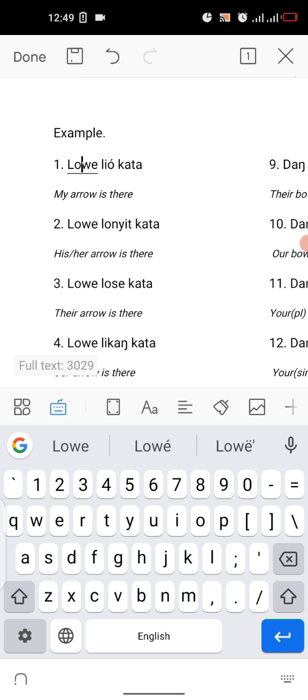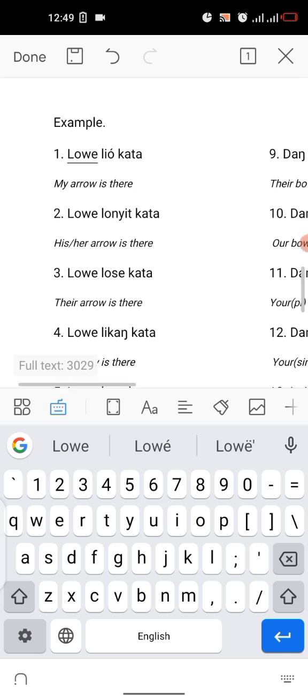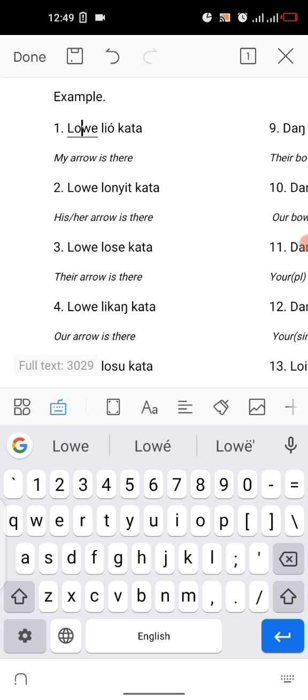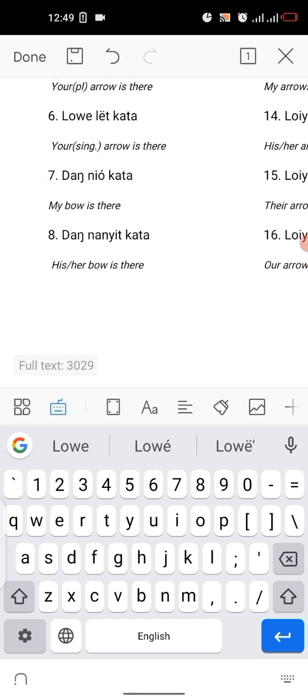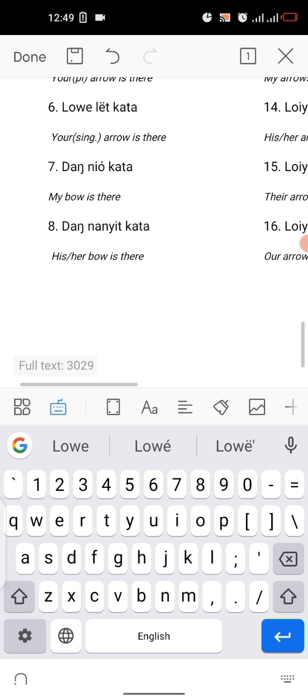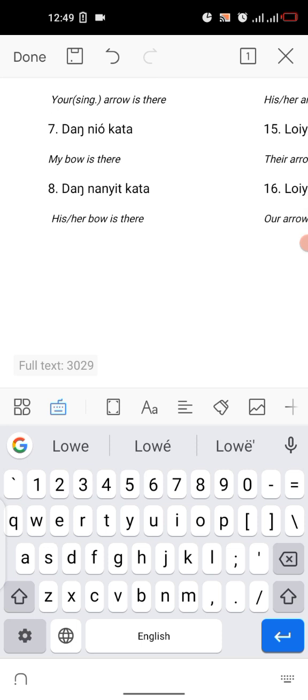Here, when you see the possessive adjective coming before the noun, it means my own. It means own. You will add the word own to the adjective.